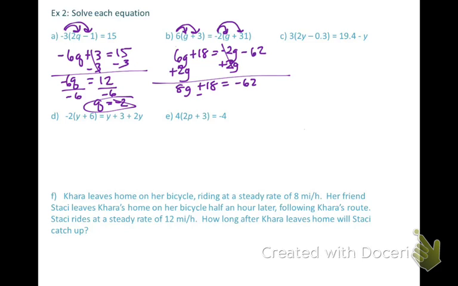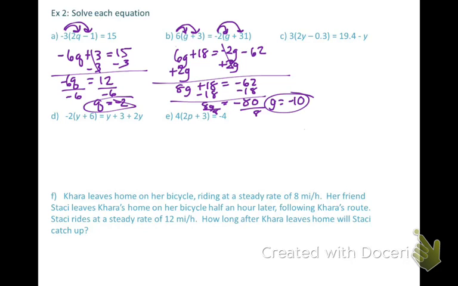And then I have a two-step equation now, so I can do minus 18 to both sides. So that's going to be negative 80 divided by 8. So g equals negative 10.